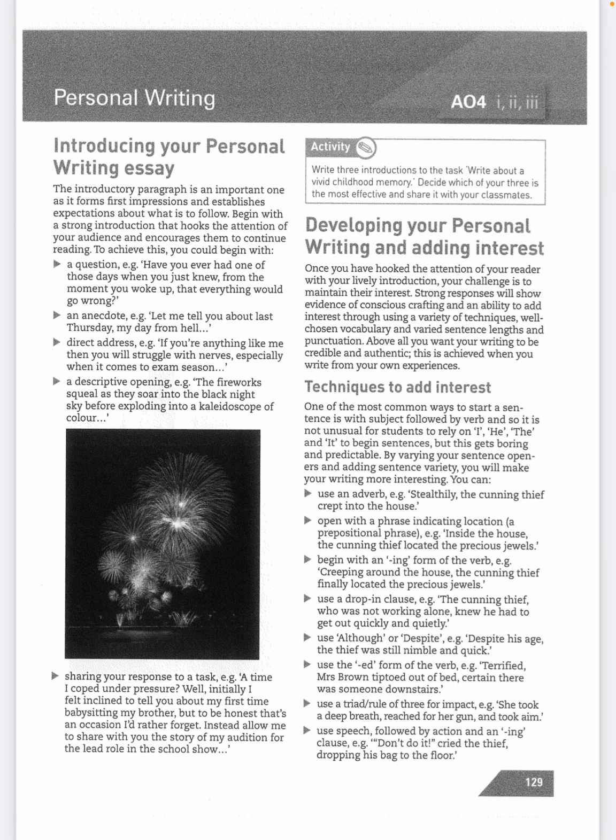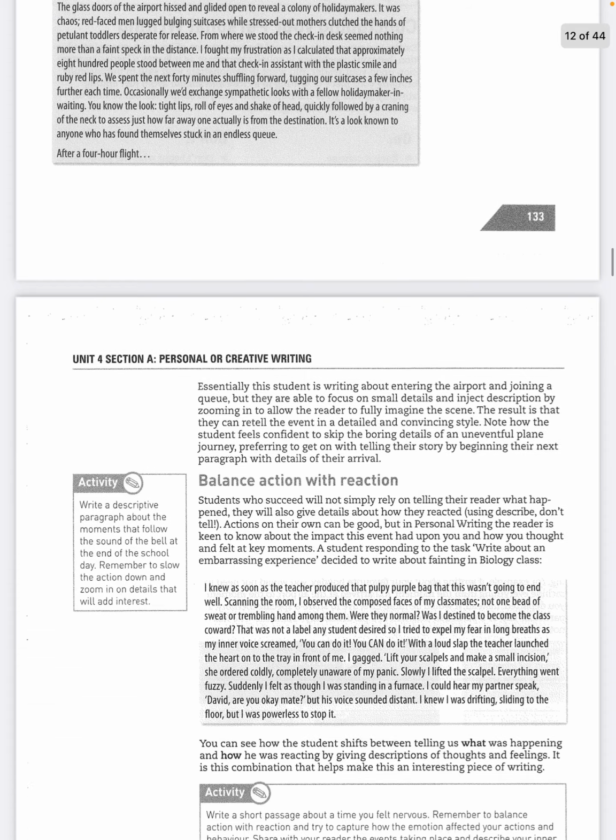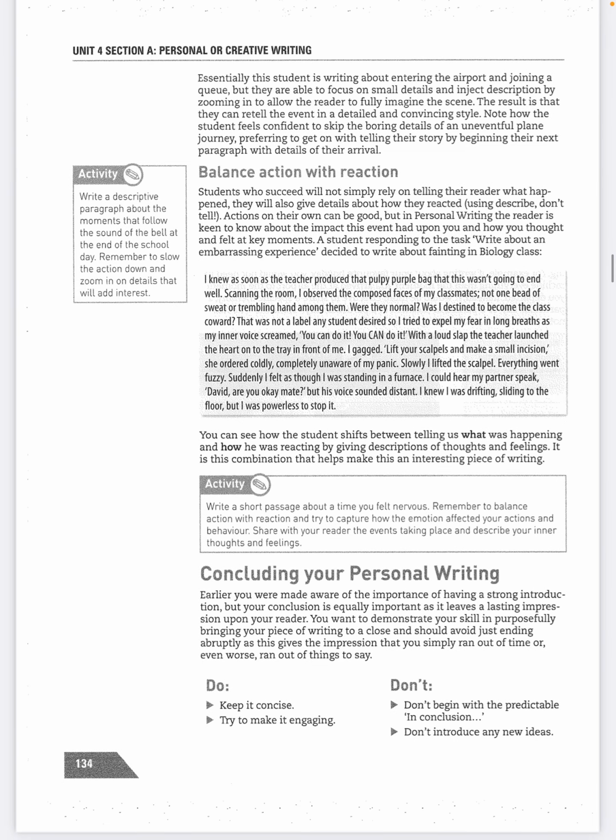Some more strategies for making your writing powerful in personal writing. Okay, balancing action with reaction. In other words, when you tell what happened in your personal story, your personal writing, don't forget to tell what you thought or felt about what happened, okay?